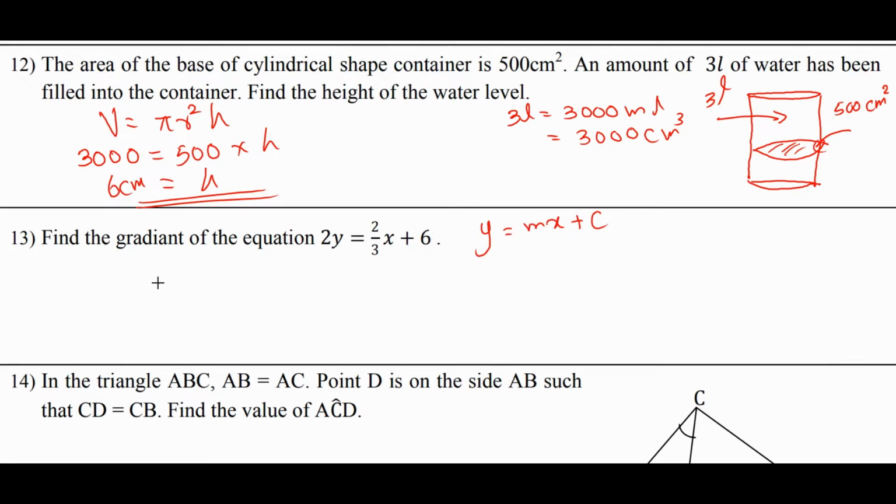Therefore, I am dividing all terms in this equation by 2. Then 2 upon 3 into x, I'm dividing by 2, plus 6 divided by 2. Then I can cancel those, and here will be 3. Then I will have y equals 1 upon 3 x plus 3.